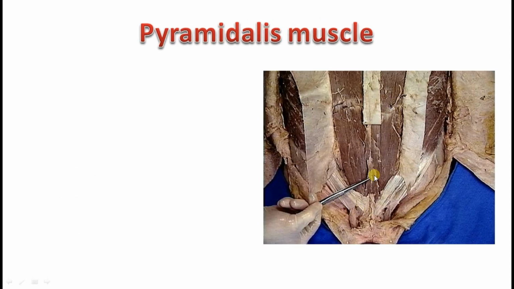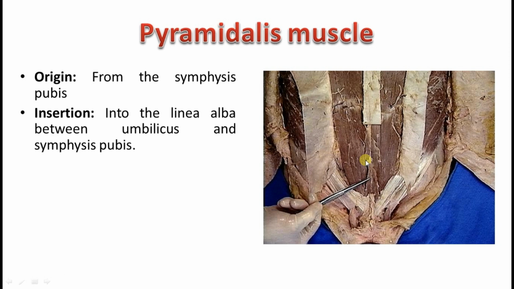The next muscle, not much important, is the pyramidalis muscle. You are able to see a very short muscle from the pubic symphysis getting inserted into the linea alba, at the level of the arcuate line. Sometimes it might be absent totally on both sides, or sometimes absent on one side.